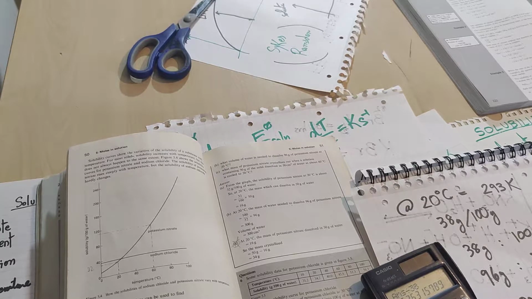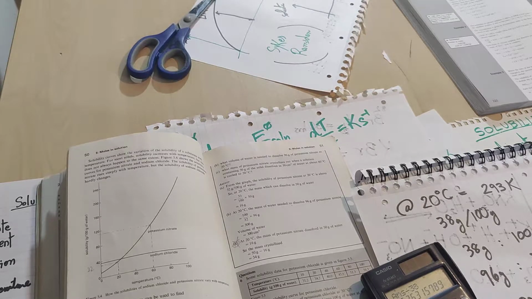So the mass crystallized would be 31 grams. So at 20 degrees, the mass of potassium nitrate dissolved in 50 grams of water is 19.